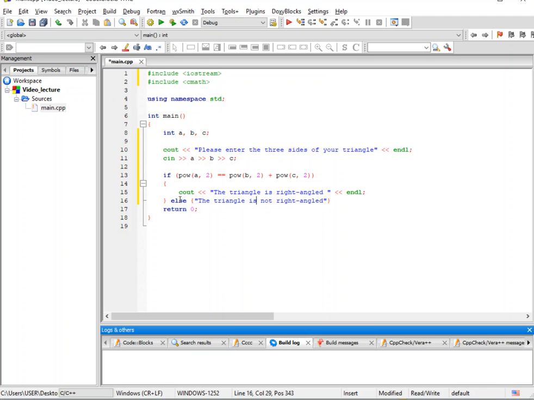That will be a cout. Remember, that will be an output message. Again, we end line and terminate.